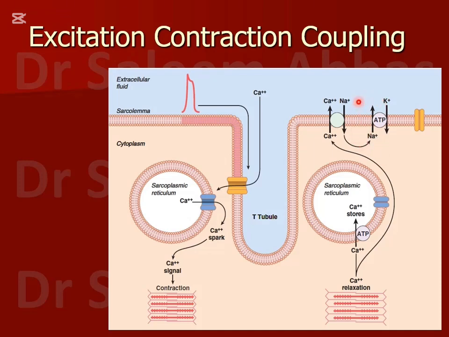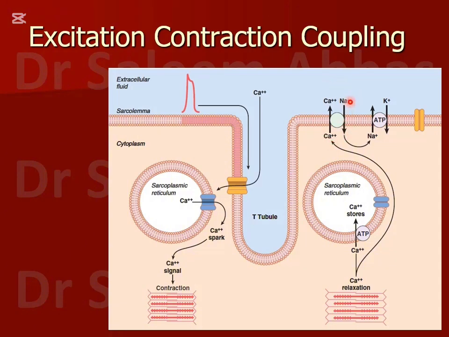So the sodium concentration is greater outside and less inside, and this gradient for the sodium ions provides the force with which the calcium is pumped out. The calcium is pumped out against the concentration gradient. So the calcium is moving uphill while sodium is moving down the concentration gradient.